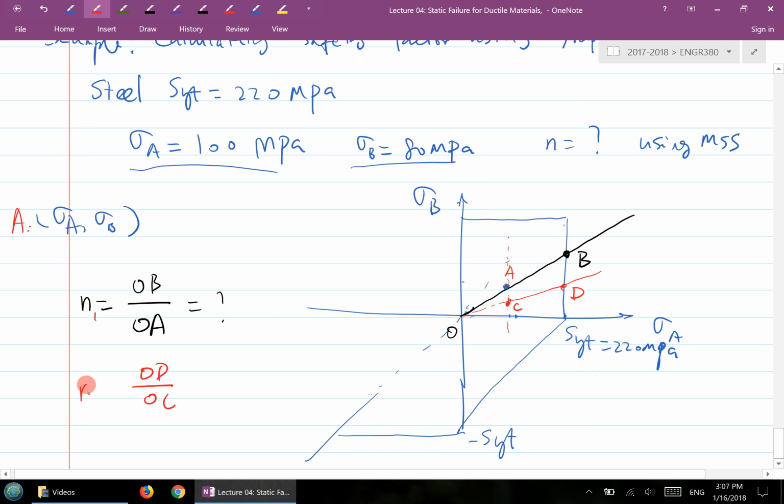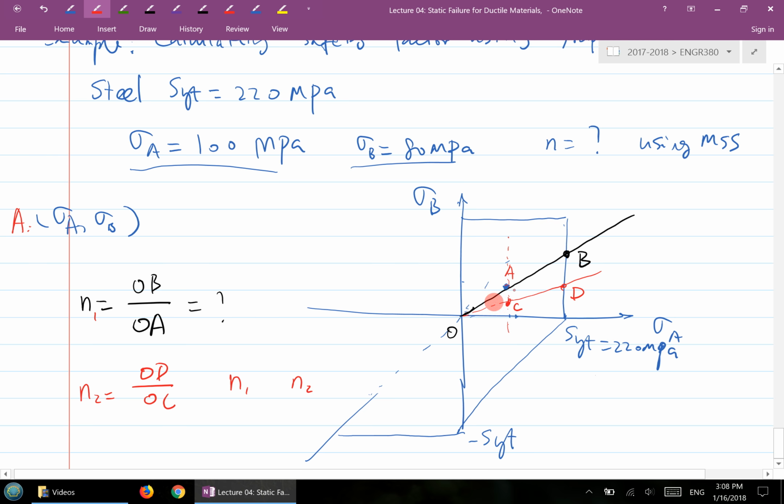Let's call this N1 and N2. So N1 and N2, are these different or are they the same? Anybody? It's the same, right? High school geometry.